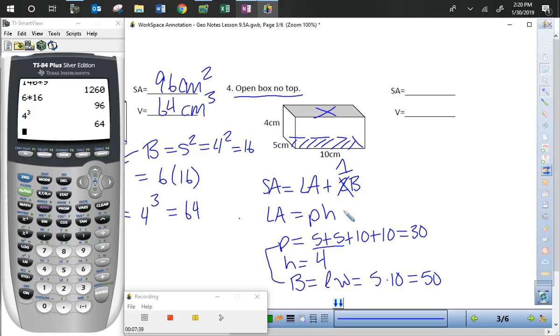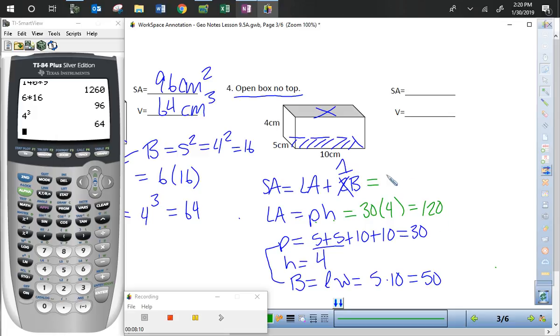So, working upwards here, we've got perimeter of the base times the height. Our perimeter was 30. Our height was 4. So we need 30 times 4. Go ahead and type that in. 120. Working up again, it's lateral area plus 1 base.